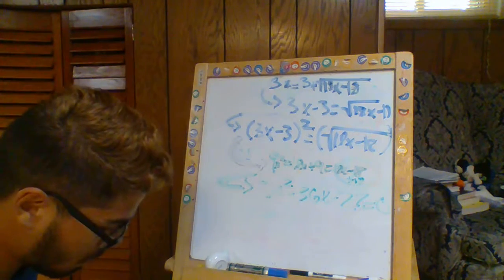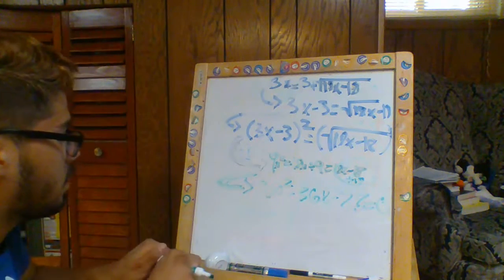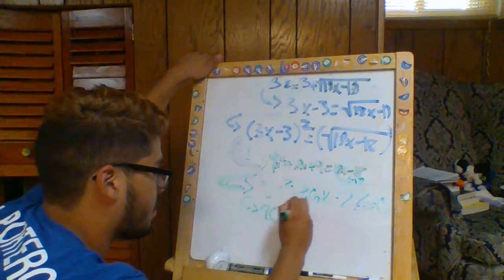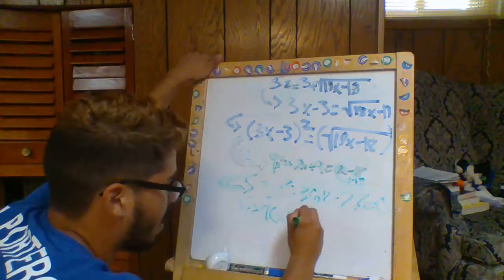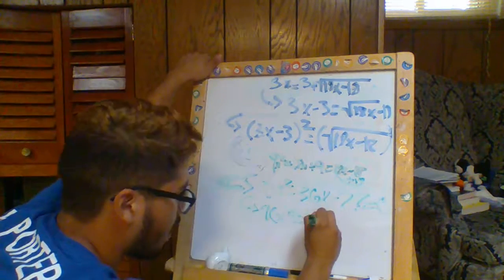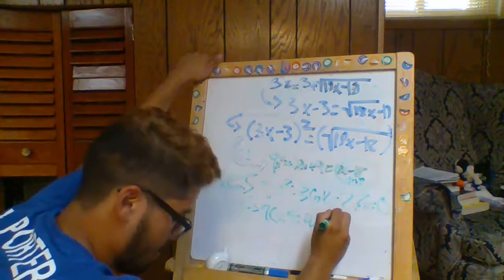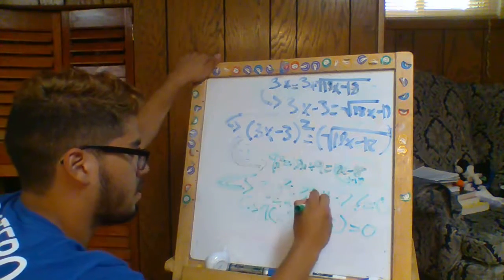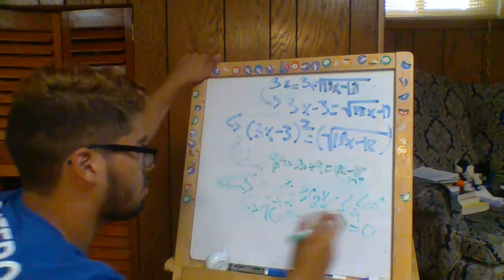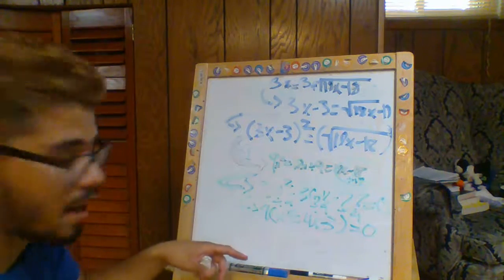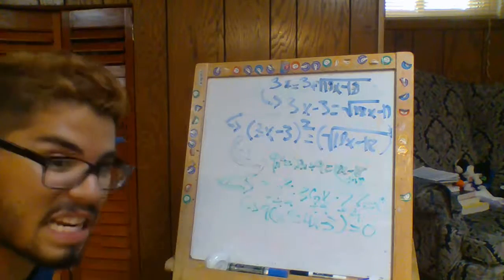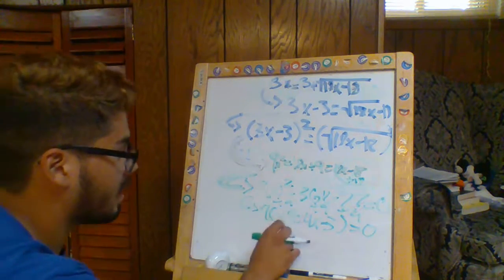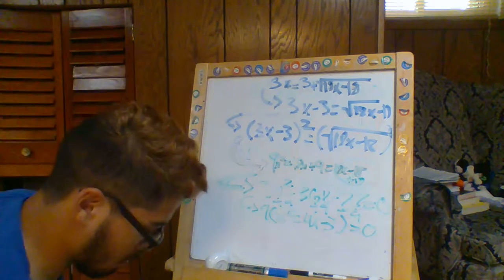And so you're going to want to put 9 parentheses x squared minus 4x minus 3, because you divided all this by 9. So you divided 9 by 9, 36 by 9, and 27 by 9. And that's how you get 9 parentheses x squared minus 4x minus 3 is equal to 0.